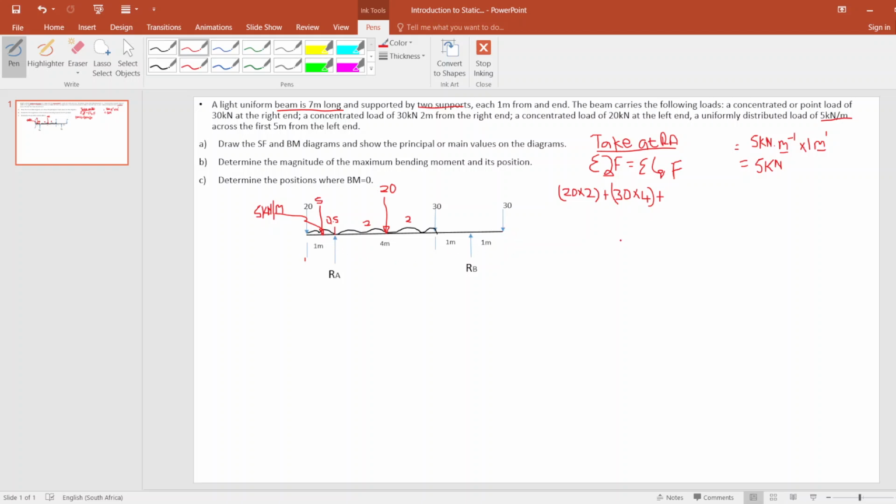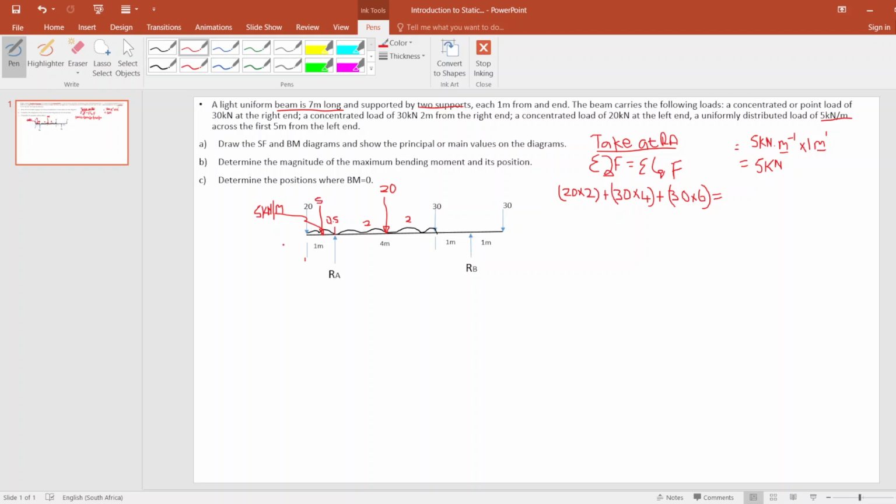Which 30 is that? It is this one. It will be 30 multiplied by the distance from the point of 30 to where we have taken moment, which is 6. Now it will be 30 multiplied by 6, equals the anti-clockwise forces.